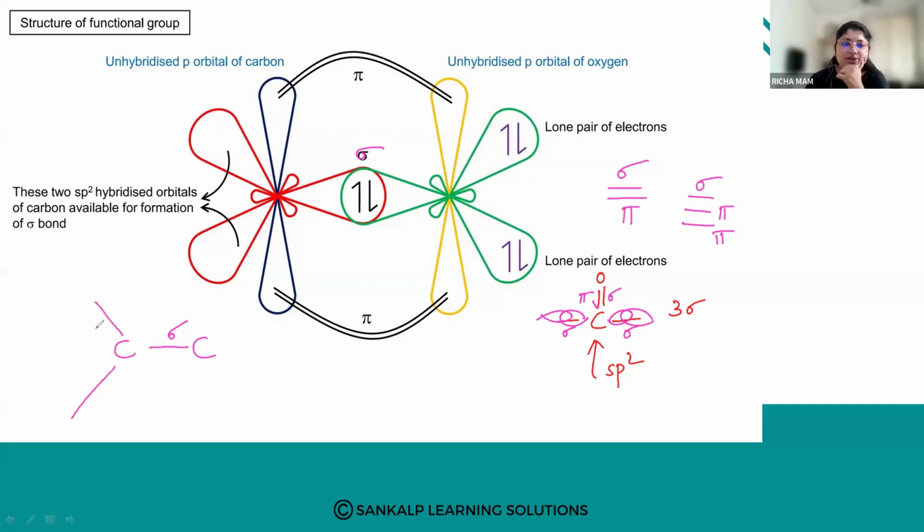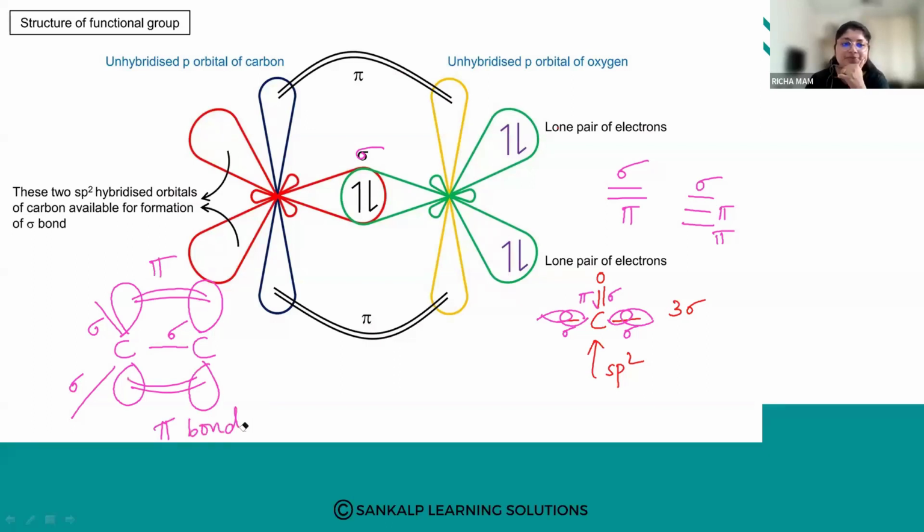One sigma bond here, one sigma bond here. So this is the unhybridized p orbital. The unhybridized p orbital of this carbon will overlap with the unhybridized orbital of the other atom and it will form a pi bond. Like this, the pi bond is formed.